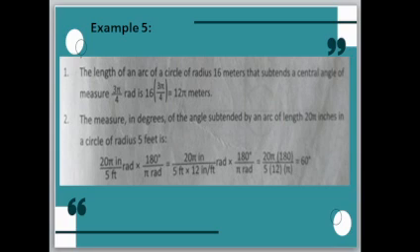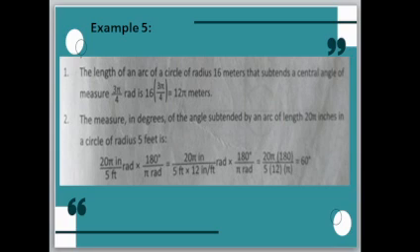Number 2, the measure in degrees of the angle subtended by an arc of length 20 pi inches in a circle of radius 5 feet is, we have 20 pi inches over 5 feet radian times 180 degrees over pi radian. That's the constant conversion. Is equal to 20 pi inches over 5 feet times 12 inches, because we will convert those feet into inches.